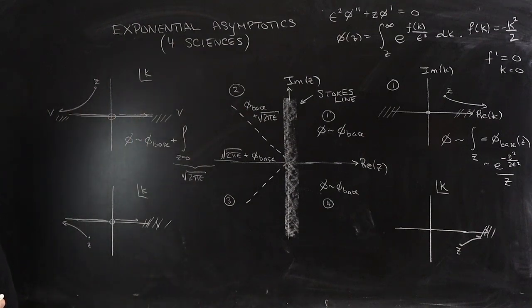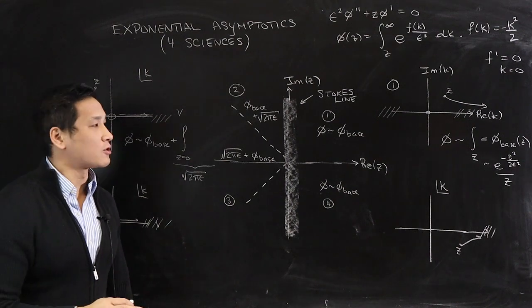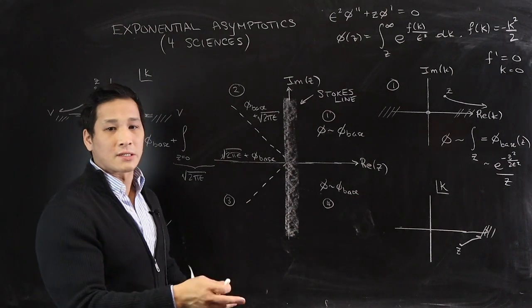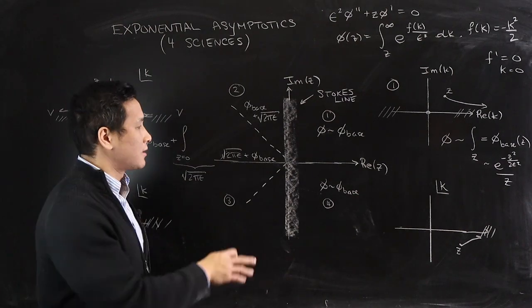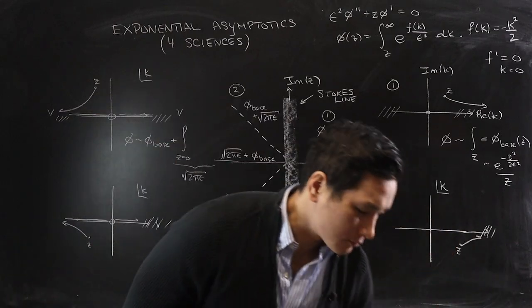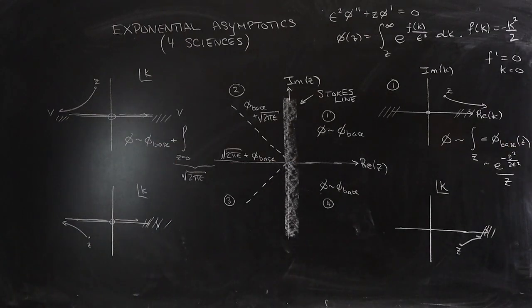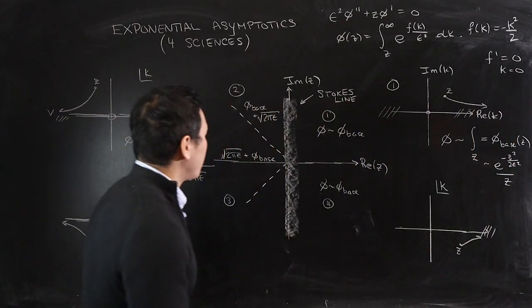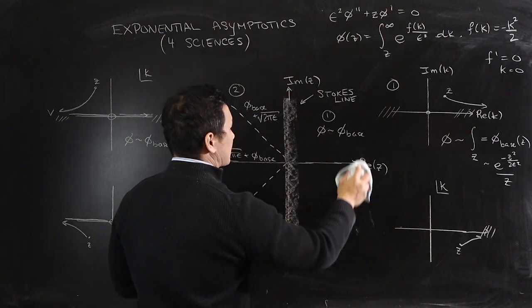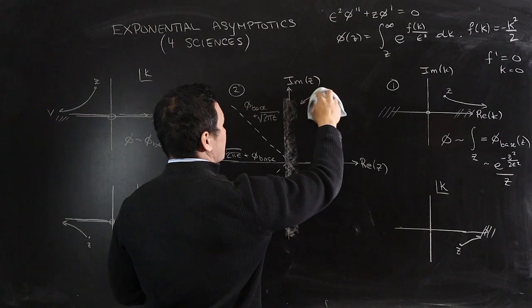Okay, so let me now show you a picture of how you might illustrate this switching on and switching off process plotted on this diagram here. I think this kind of illustration was originally done by Stokes.